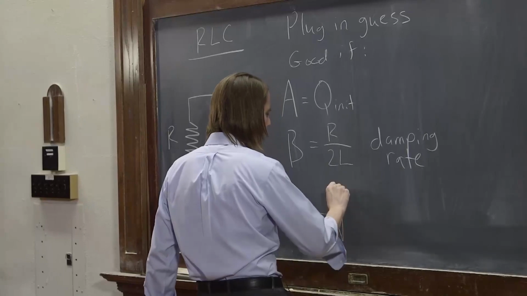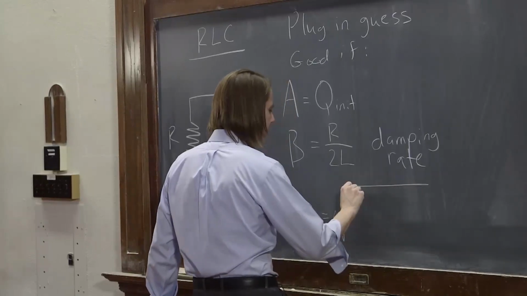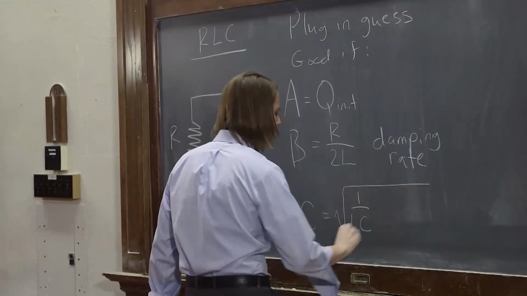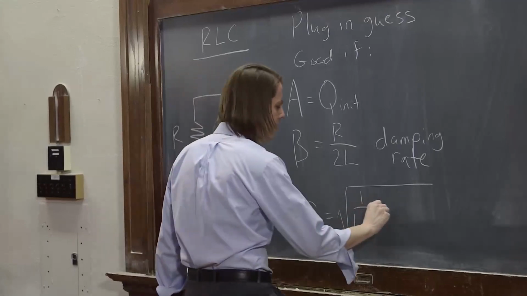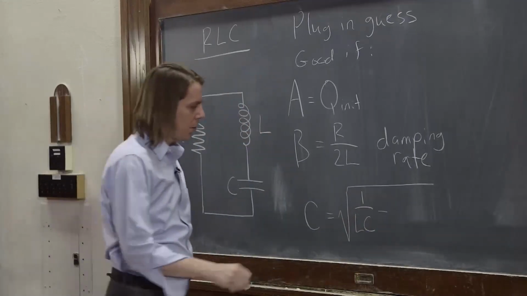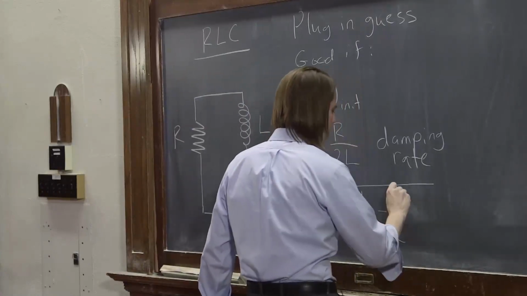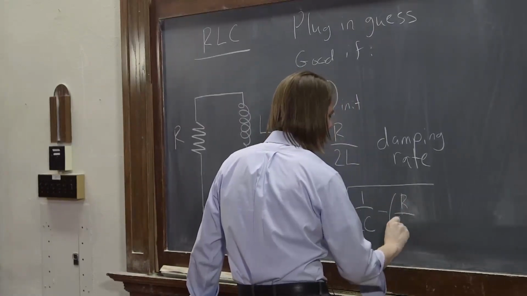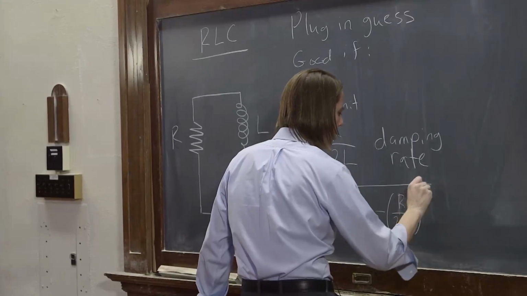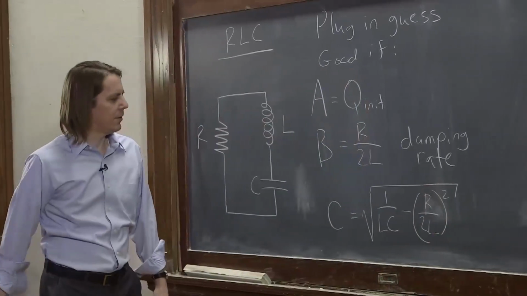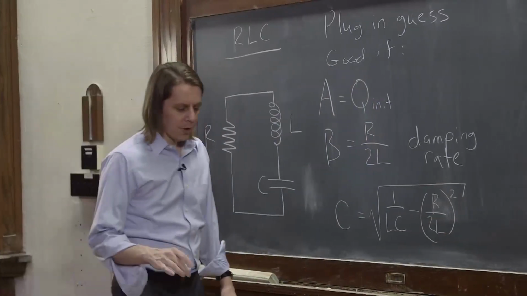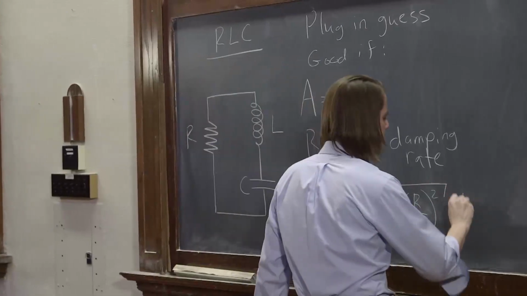C is the square root of 1 over LC minus R over 2L squared. And that is the reduced frequency, or it has a lot of names.